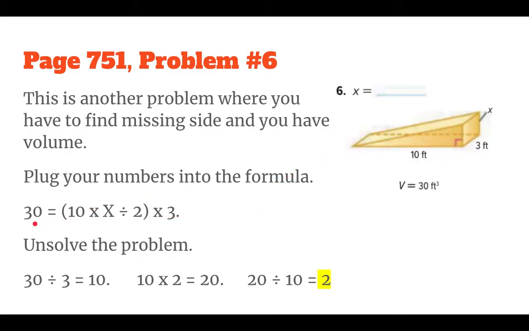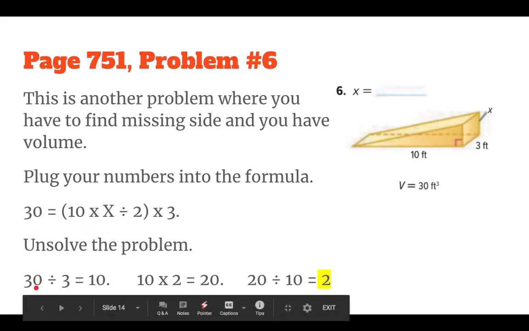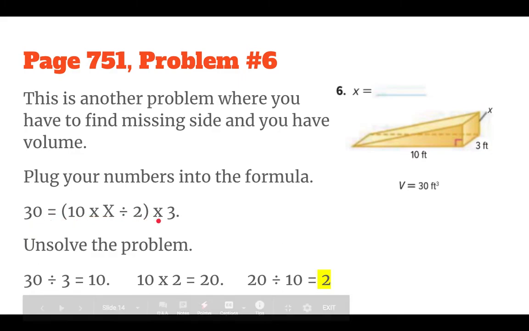That would give me this 30. That's the volume. So I unsolve the problem. So this is me just plugging my numbers into the formula. The opposite of timesing by 3 over here is dividing this 30 by this 3, and I get 10.